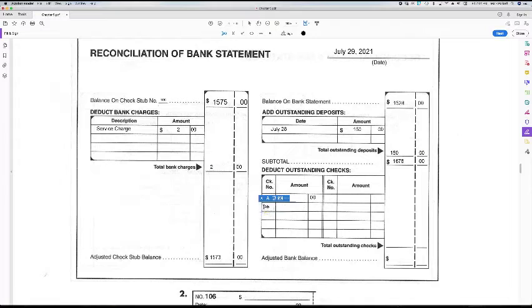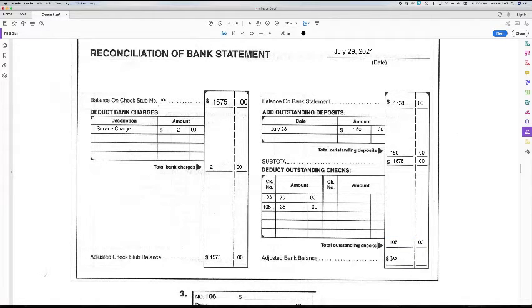Next, for check number 105, this check had an amount of $35. So we are going to add these two numbers in order to figure out the total outstanding checks. So if we take 70 and add it to 35, that will give us 105.